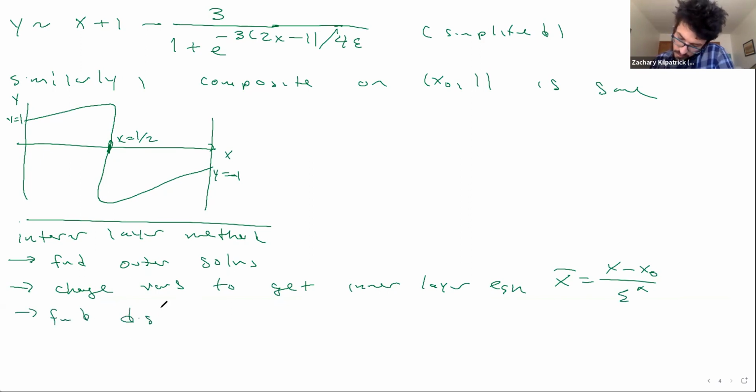Now find distinguishing limits for alpha, and solve.